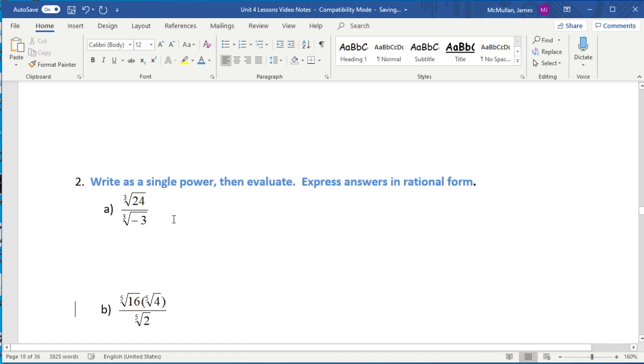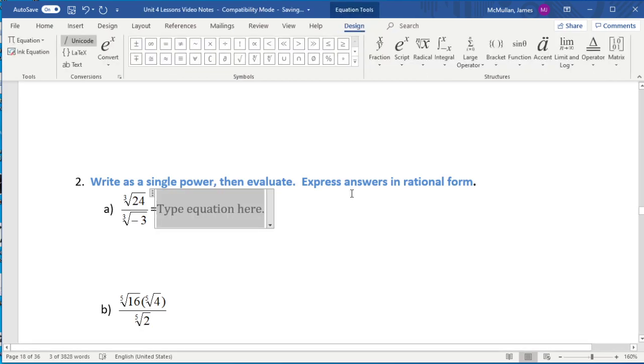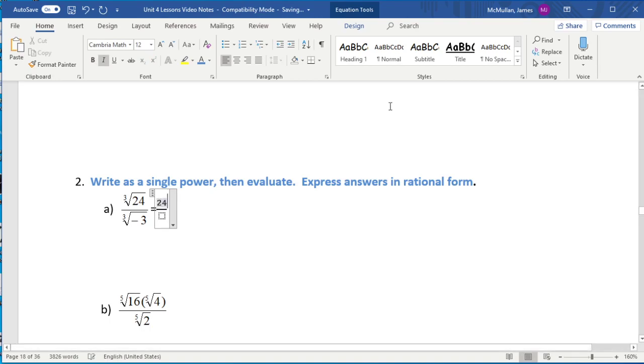What I'm going to do here is do what we just did in reverse. So I'm going to say the top is 24 to the power of 1/3, right? Instead of cube root, I write 1/3. The bottom is negative 3 to the power of 1/3.